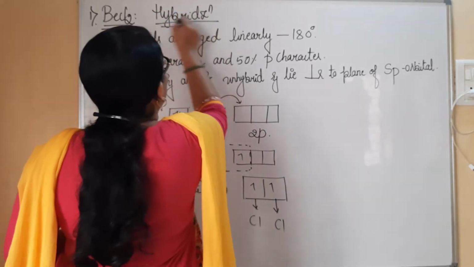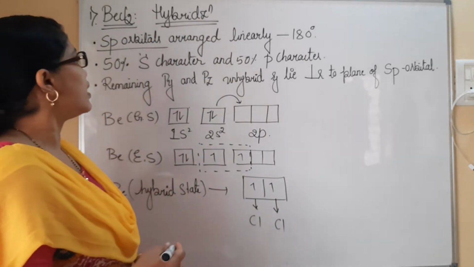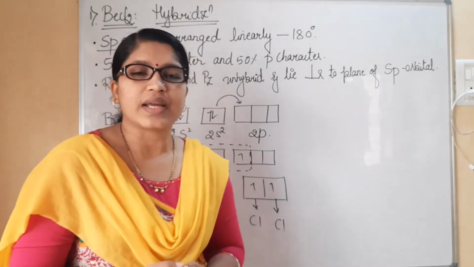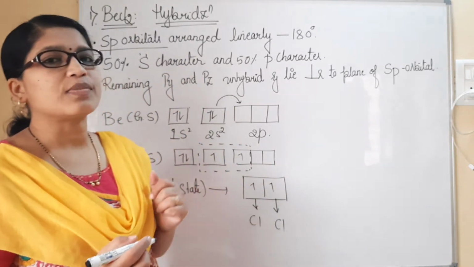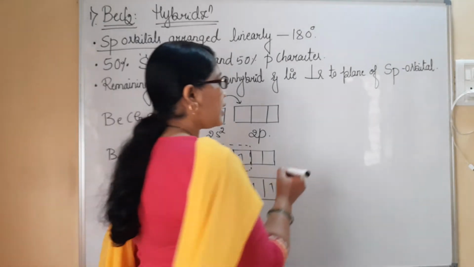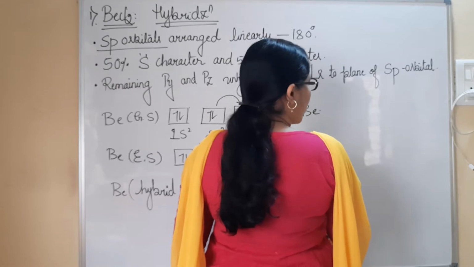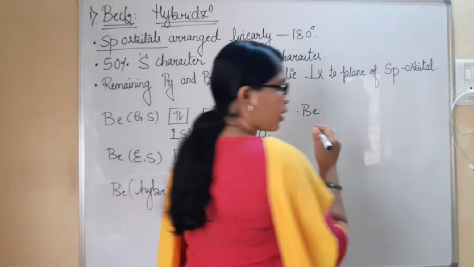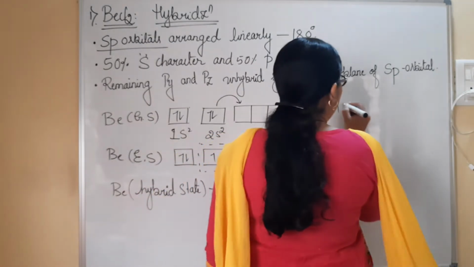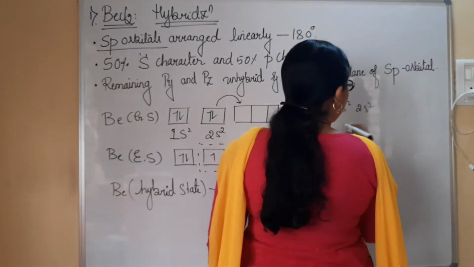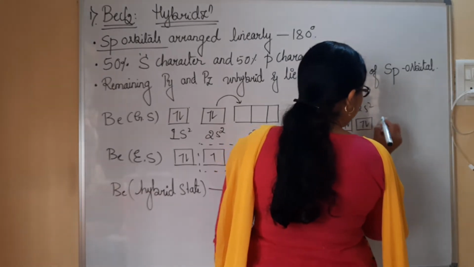Now, I have written the first point here: sp orbitals are going to be arranged in a linear fashion. What are those sp orbitals? We have beryllium with 4 electrons because the atomic number is 4: hydrogen, helium, lithium, beryllium. So it will have 1s2, 2s2. The electrons are arranged in this fashion, right?